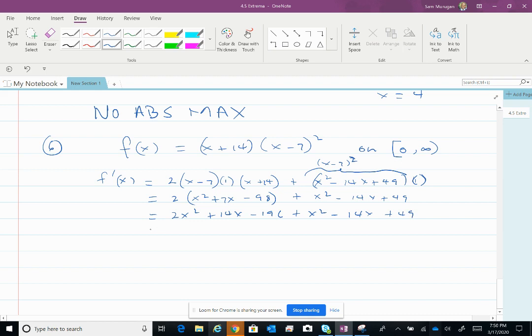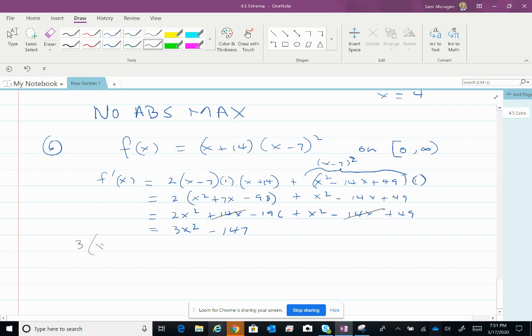And then collecting like terms, we have 3x squared minus 147. This 14x cancels out. And negative 196 plus 49 is negative 147. So we need to set this equal to 0.